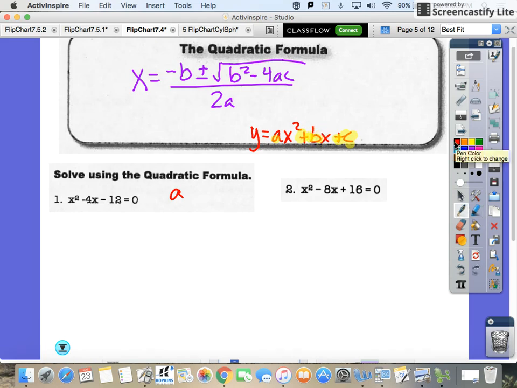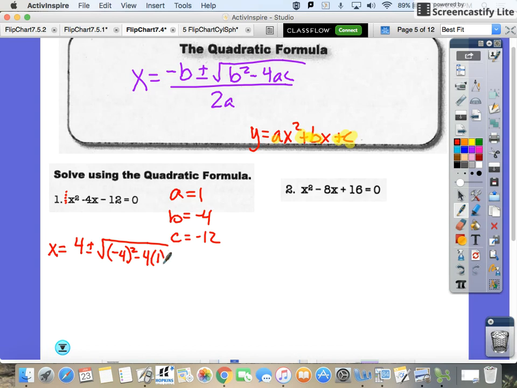For this first example, a equals 1 because there's a coefficient of 1, b is -4, and c is -12. So what we do is fill in our formula. x is equal to the opposite of -4, which is +4, plus or minus the square root of b squared minus 4ac, all under the radical, and then all over 2a.